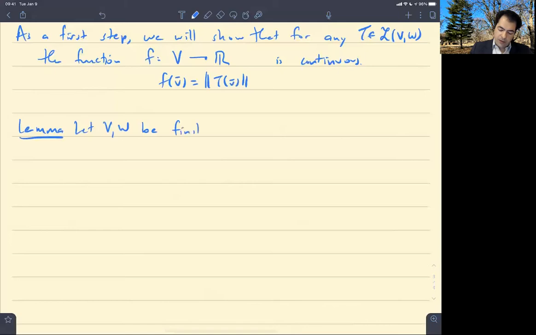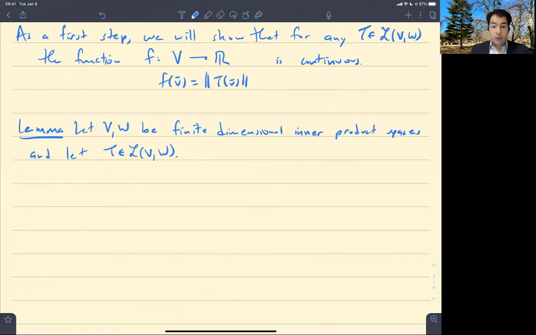Let V and W be finite dimensional inner product spaces and let T be a linear map between V and W. So here and often, we're going to assume that vector spaces are finite dimensional if it makes our life simpler.